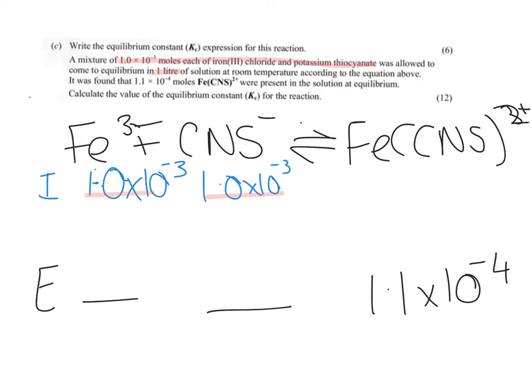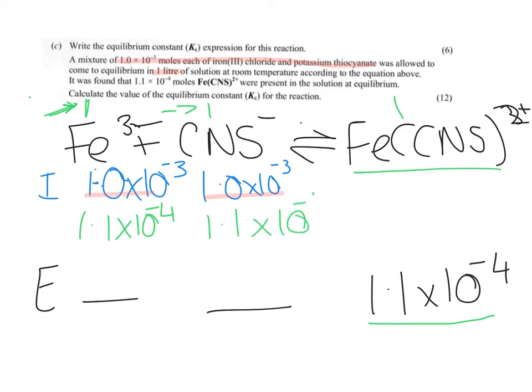So the ratio in this equation is nice and easy. We have 1 is to 1 is to 1 ratio. So for every 1 mole of FeCNS2+ I've made, I needed 1 mole of iron and 1 mole of my thiocyanate to make that. So if 1 in this instance is represented by 1.1 by 10 to the minus 4, that's how much of the iron and how much of my thiocyanate I must have used up.